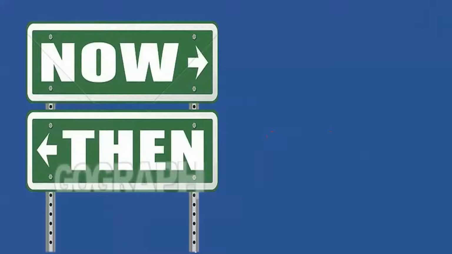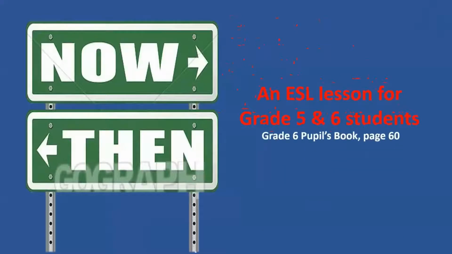Well, to continue on with this week's lesson, which is now and then, please know that this lesson is for grades 5 and 6 students. And we have used the grade 6 pupil's book for our vocabulary words on page 60.